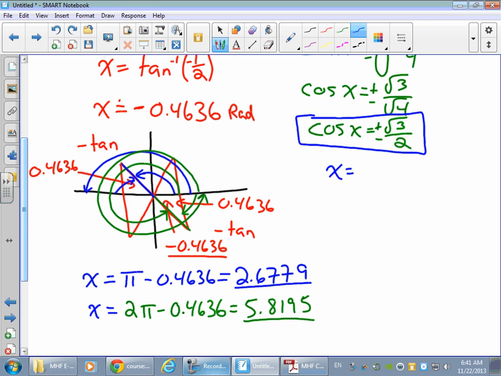And so the two initial possibilities are positive or negative answers. Cos x equaling root 3 over 2 gives me an x value of 30 or of pi over 6. The equivalent then is actually the negative pi over 6 for the other value.